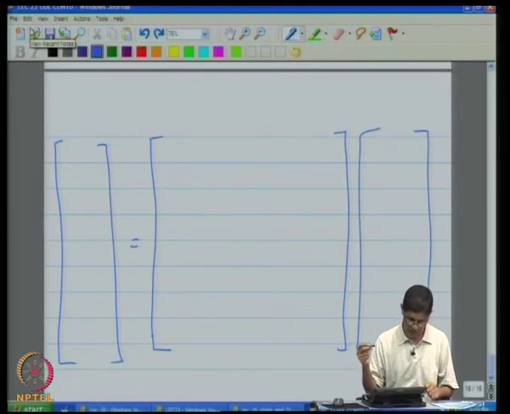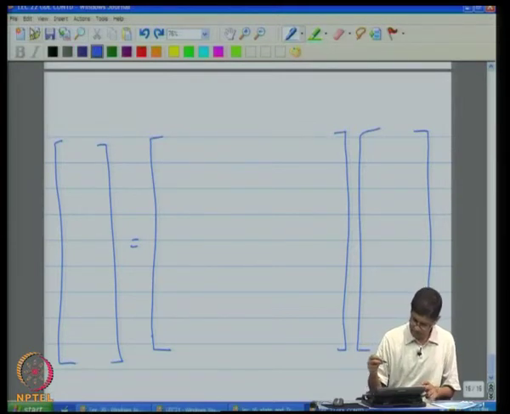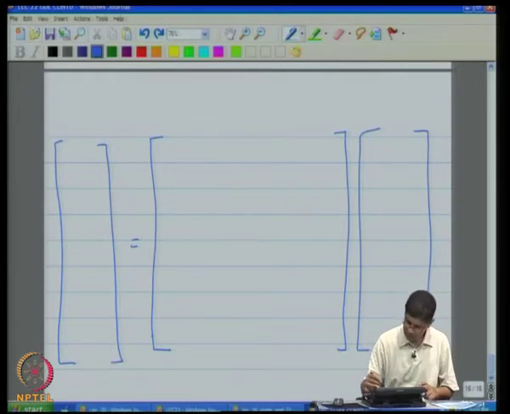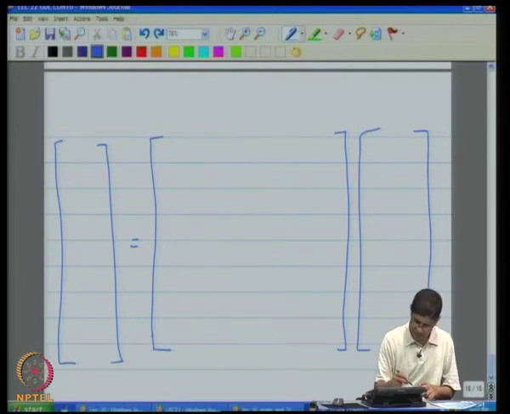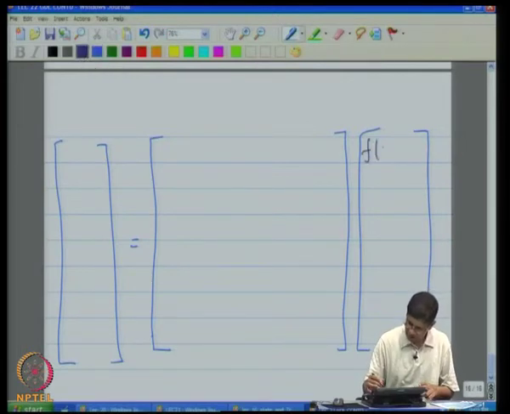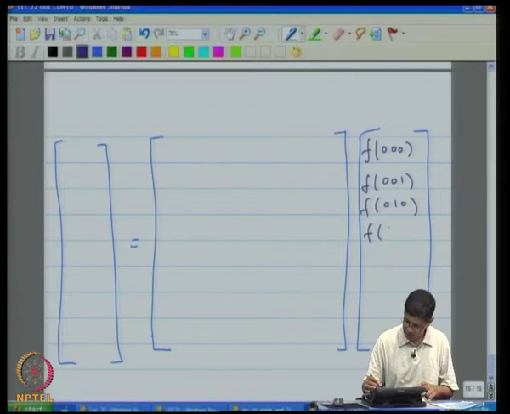On the right hand side I will have the various values of the function f. So, I will have f of 0 0 0, f of 0 0 1, f of 0 1 0, f of 0 1 1, all the way down to f of 1 1 1.